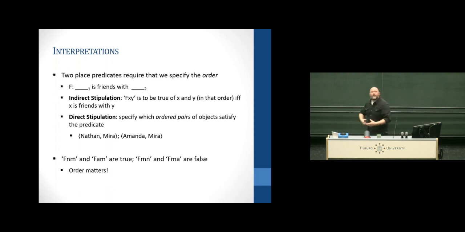Again, all we have here is just a list of things that satisfy the property or satisfy the predicate. Is that clear? Before we go on and do anything else. Because the rest of it, if that bit doesn't make sense, then it's all just going to be a mess. Okay?